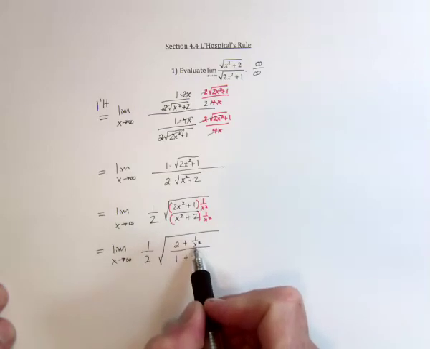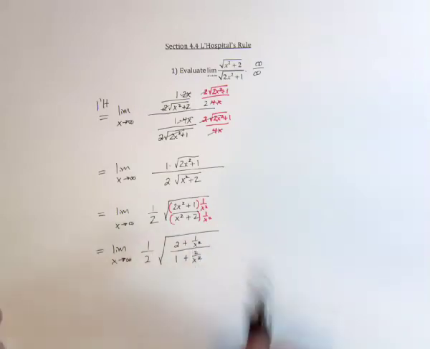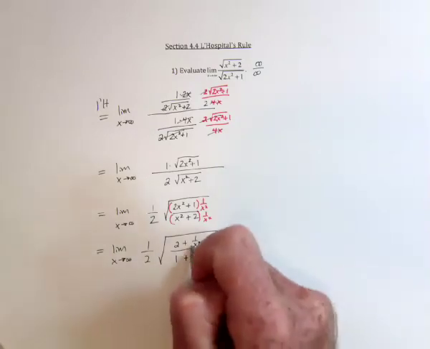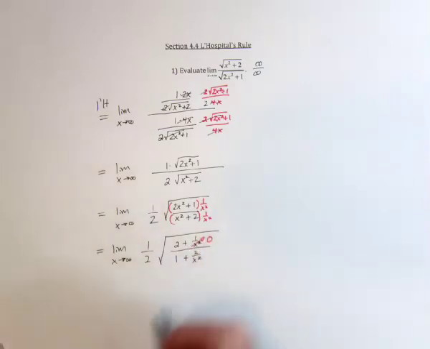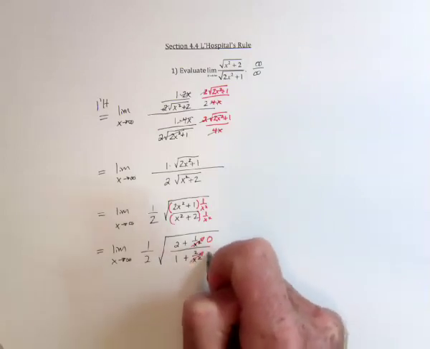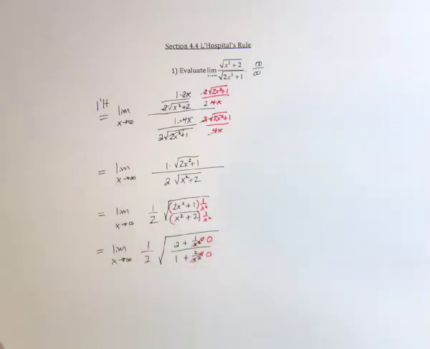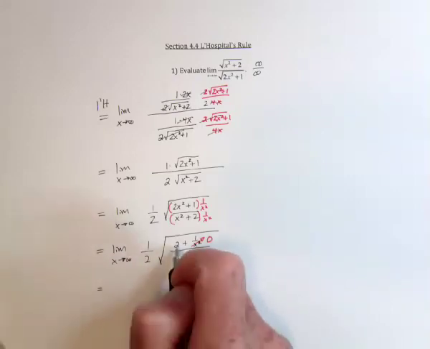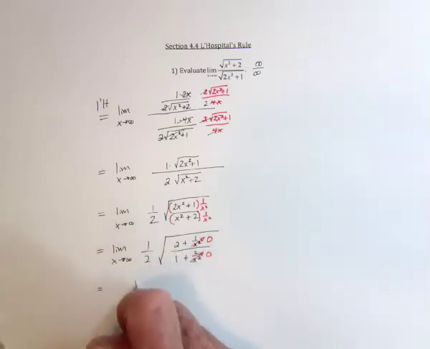So 1 divided by infinity, so if you take one particle and divide it into an infinite number of pieces, the size of each piece, 0. Likewise here. So 1 divided by infinity squared is 0. And so sure enough, what's left is just numbers. The square root of 2 on top and a 2 on the bottom. Square root of 2 over 2.